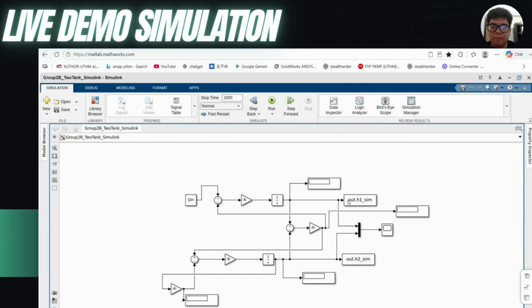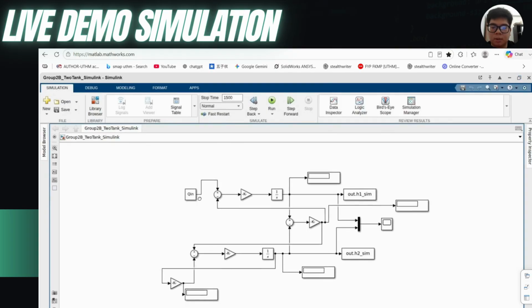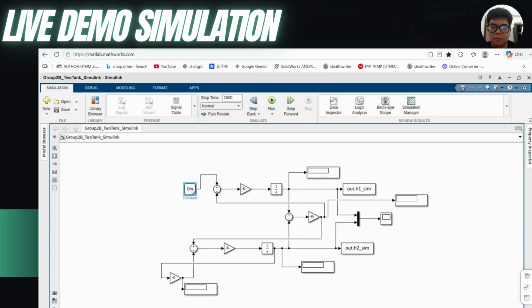So this is the overall Simulink diagram of the baseline. Q1 is the inlet flow rate, and this is the sum for Q1. This is the sum for H1, and this is the gain for H1, the gain for H2, the integrator for H1, and the integrator for H2.